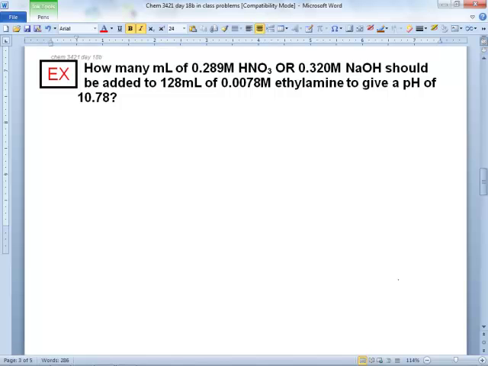How many mils of 0.289 molar HNO3 or 0.320 molar NaOH, not saying which one, should be added to 128 mils of 0.0078 molar ethylamine to give a pH of 10.78?